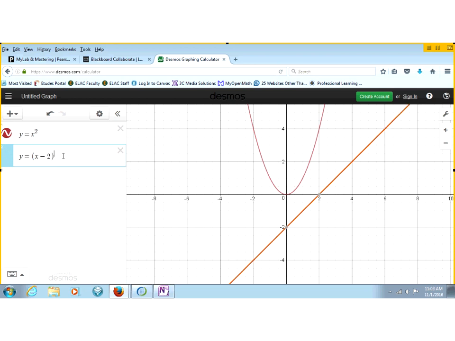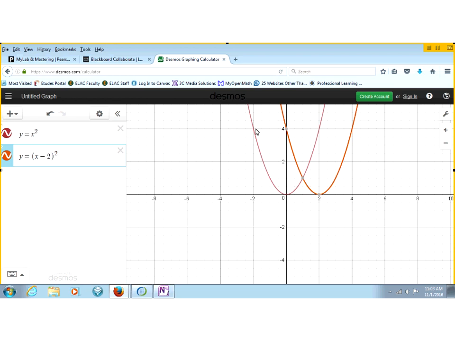We shift where? To the right. If I shift it to the right, my vertex is not 0, 0 anymore, but where? 2, 0. Good. You see it? Exact same graph, just shifted right 2 units. The vertex, everything else.